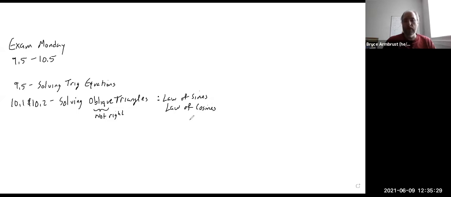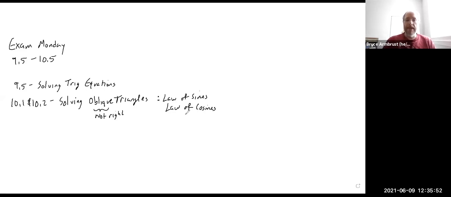Know how those work and know when you need to apply one versus the other. Remember my recommendations when finding angles: if you're using the law of sines and have a choice, go for the smaller angle. If you're using the law of cosines, go for the bigger angle. That will help keep you from getting the wrong angle.